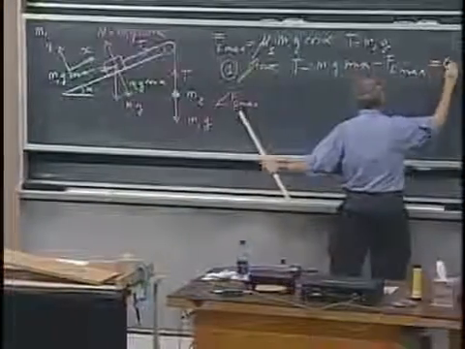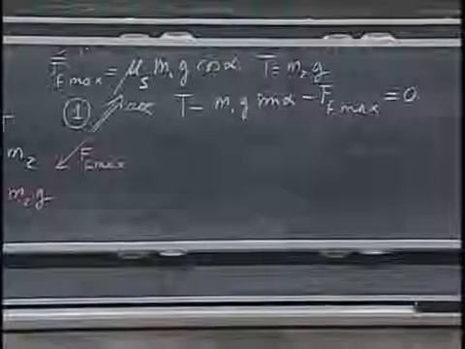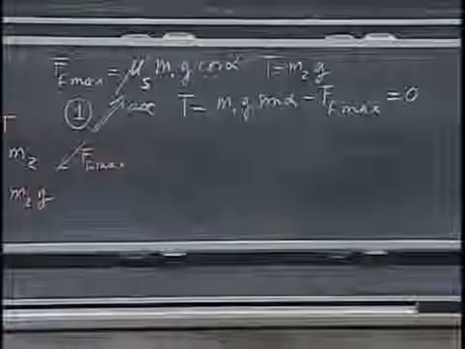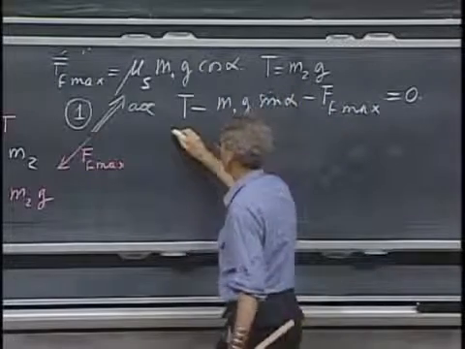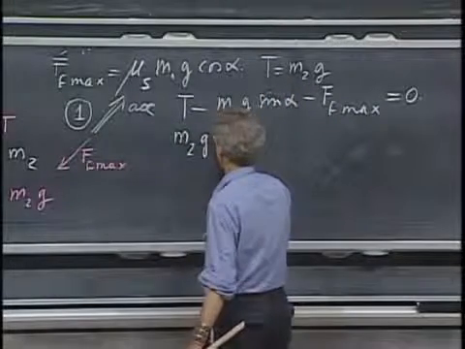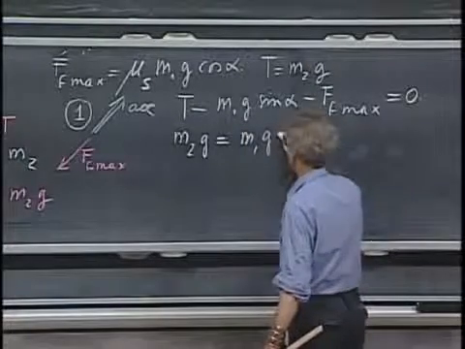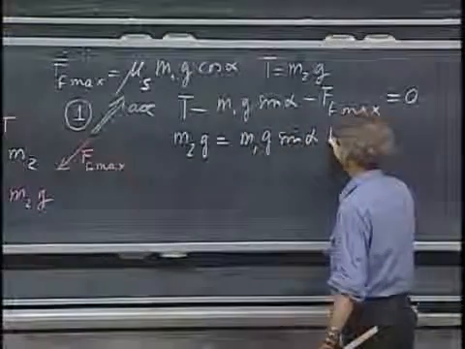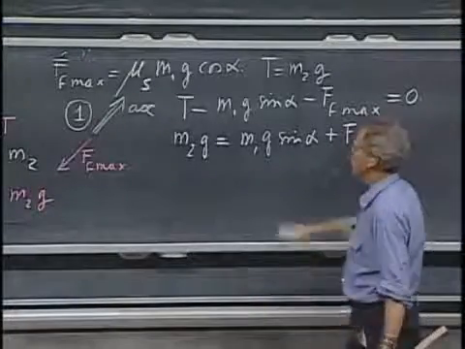That now has to be 0, just at the moment that it is just about to change its mind and start accelerating. Now I know what T is, that is m2g. So m2g equals m1g sine alpha plus the maximum frictional force, which is this value.